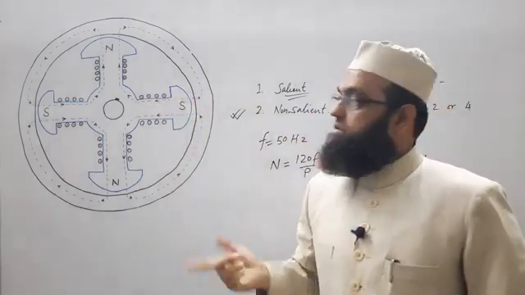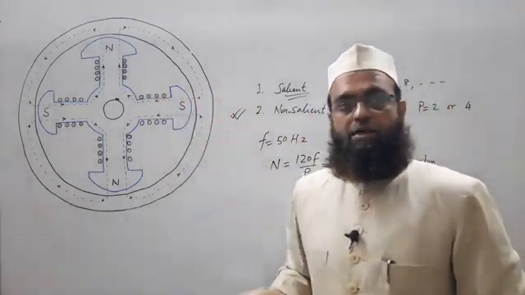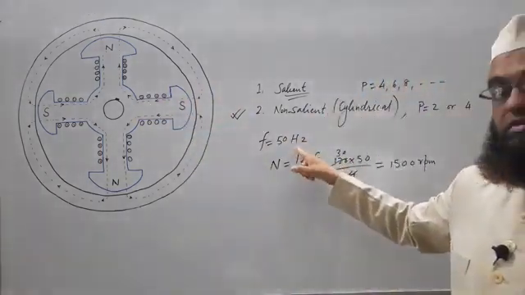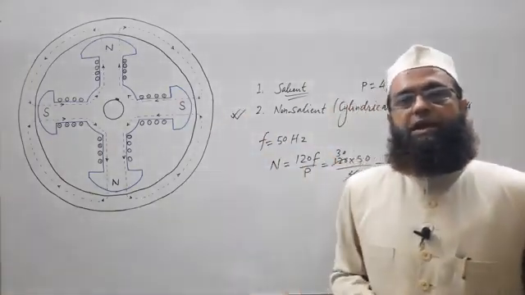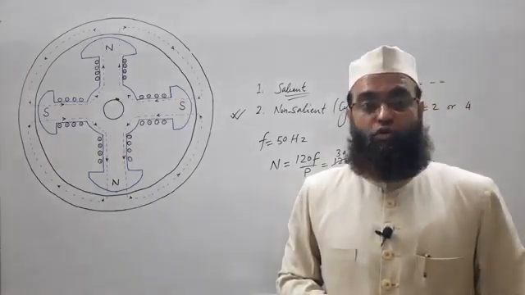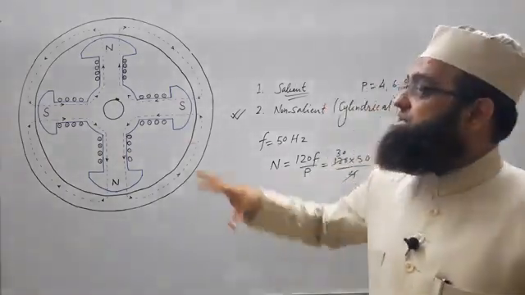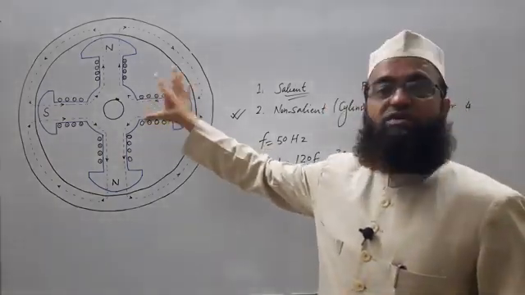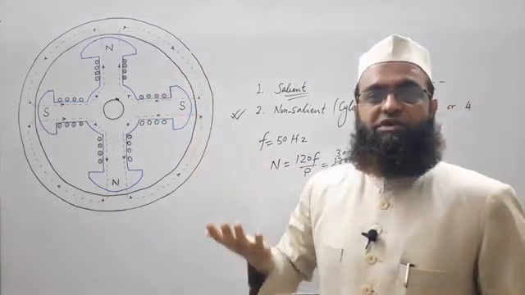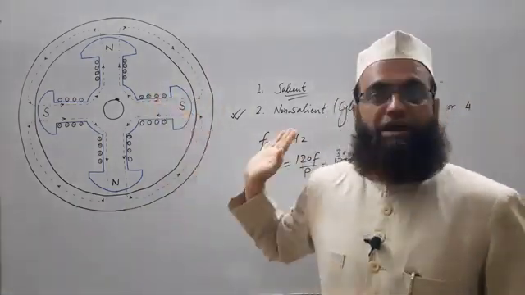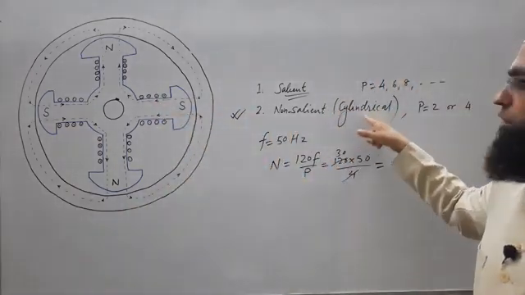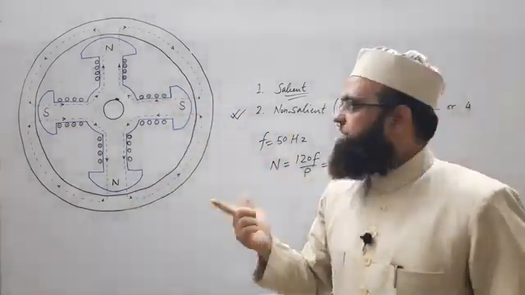For 2 poles the speed will be very high, even for 50 Hz, not 60 Hz, it will be 3000 RPM. That will create a huge centrifugal force which may damage the rotor structure. If force is excessively high, then this structure will not sustain. So in that case we will use cylindrical rotor, which we will discuss in detail later.